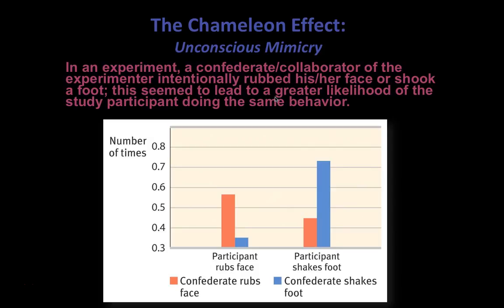The result was that this kind of deliberate behavior, which the Confederate had been trained to do in a systematic but very natural looking way, seemed to lead to a greater likelihood of the participants in the study doing the same behavior.